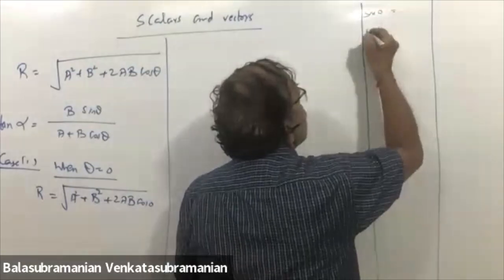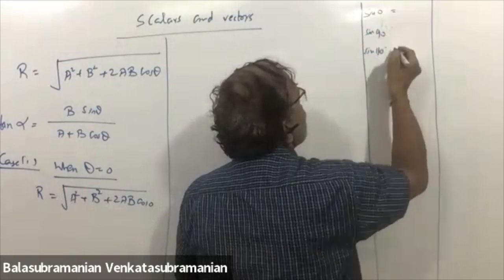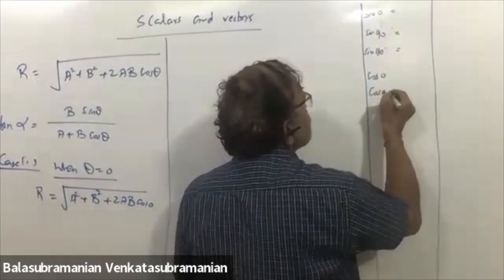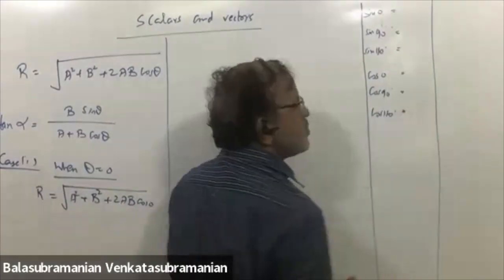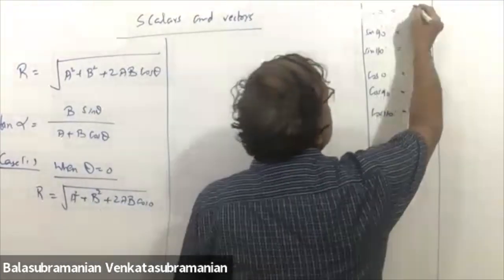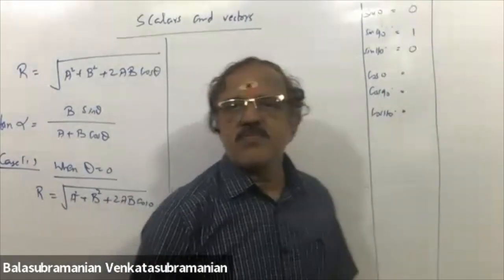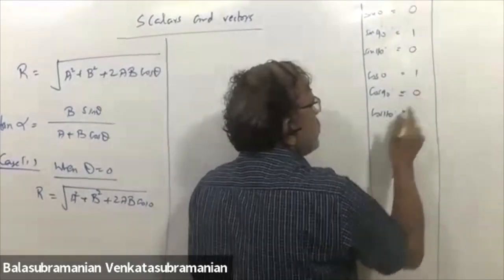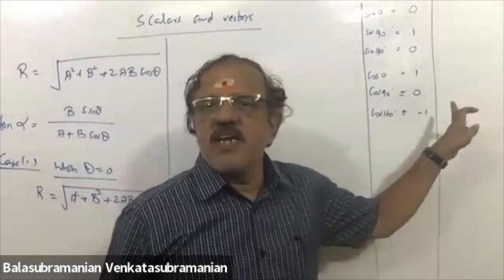Sin 0 is 0, sin 90 is 1, sin 180 is 0. Cos 0 is 1, cos 90 is 0, cos 180 is minus 1.